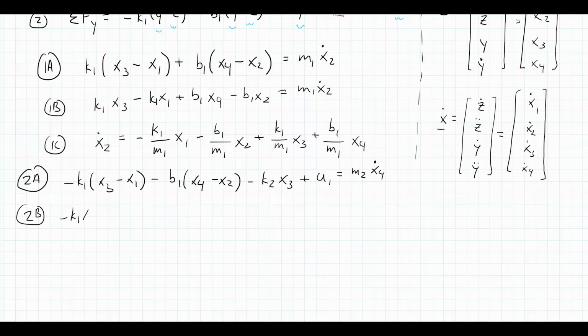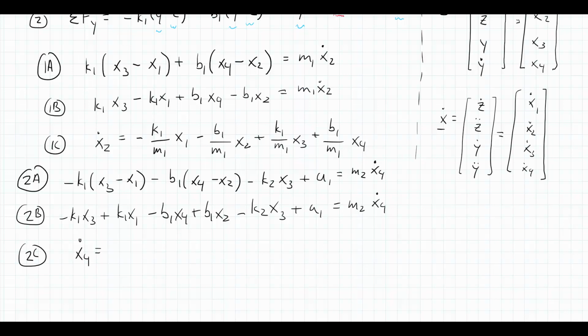And I'll distribute. So negative k1 x3 plus k1 x1 minus b1 x4 plus b1 x2 minus a k2 x3 plus u1 equals m2 x4 dot. Now, like the previous one, I want to isolate that one first derivative term x4 dot, which means everything will be divided through by that m2 term.